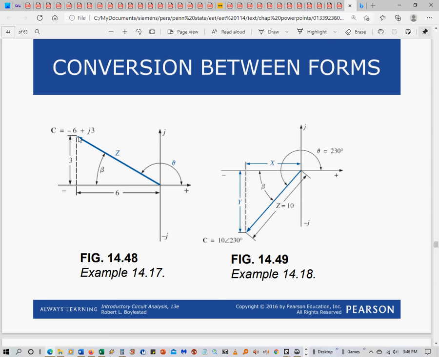You're getting -6 plus j3. So this is a -6 this way and a plus j3 that way. Or this is two negatives. You're going to get a negative this way and a negative this way, and that's going to give you an angle of 230 degrees.